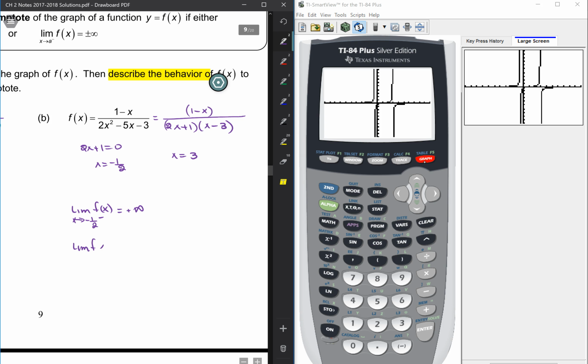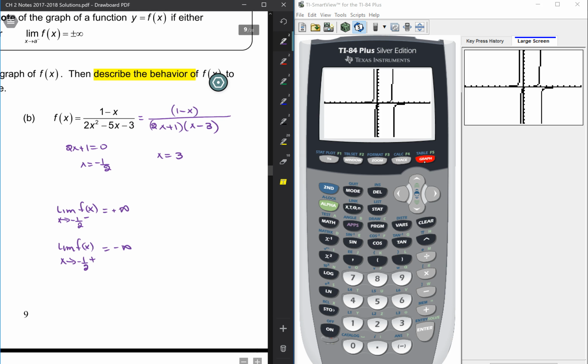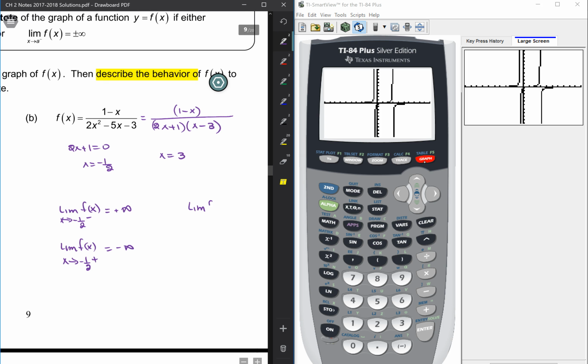And the limit of f of x as x approaches negative a half from the right-hand side is negative infinity. And then we can do the same thing as x approaches 3 from the left-hand side, and 3 from the right-hand side. From the left-hand side, it's the same pattern. It goes to positive infinity and then negative infinity.